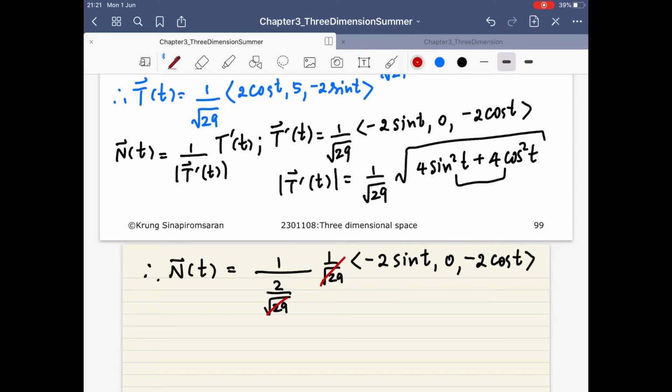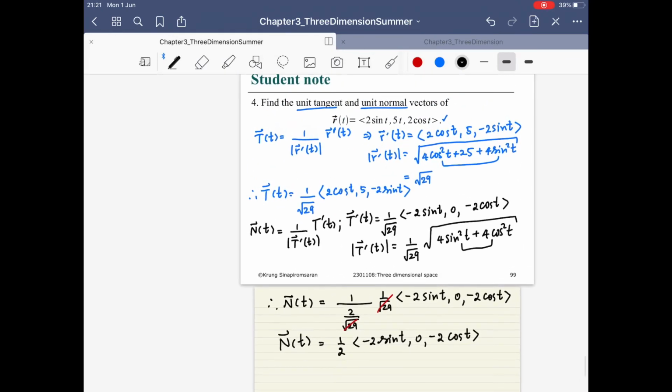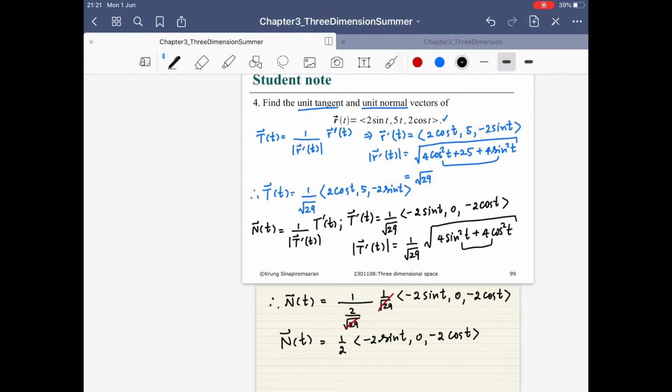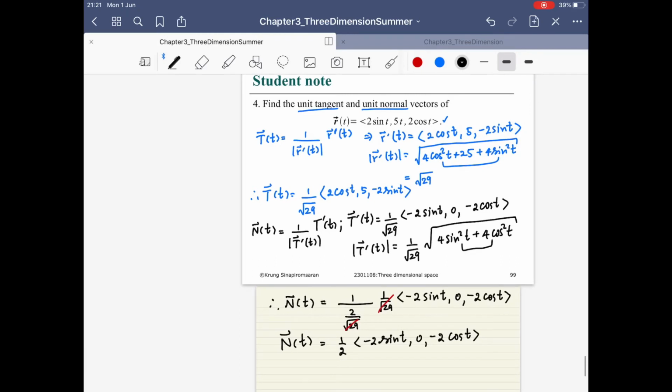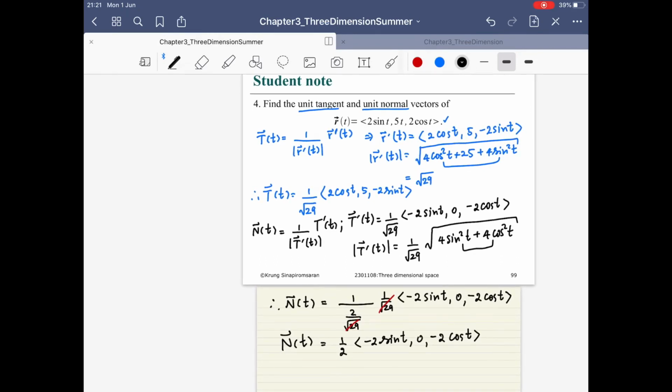And then you got 1 over 2 times negative 2 sine t, 0, and negative 2 cosine t. So this is your N(t). Okay. So even though your R contains the trigonometric function, finding your capital T and capital N seems to be easier, you see, than what we did before without the trigonometric function.